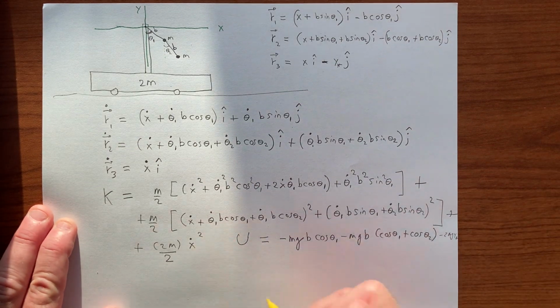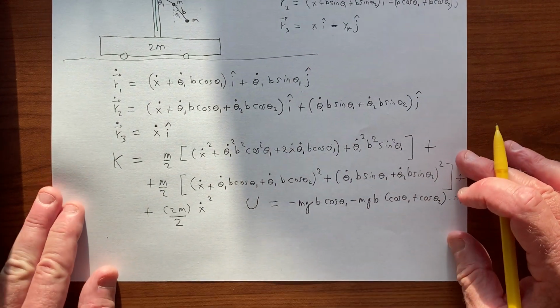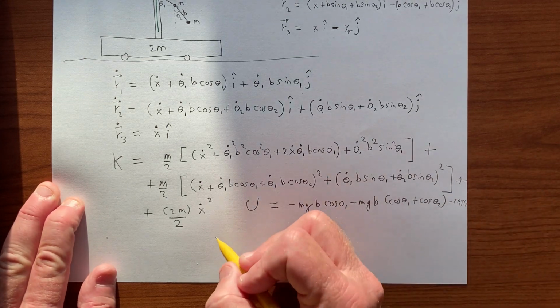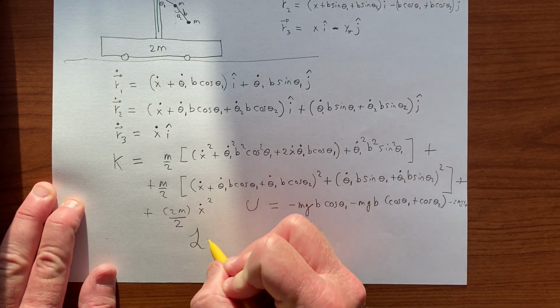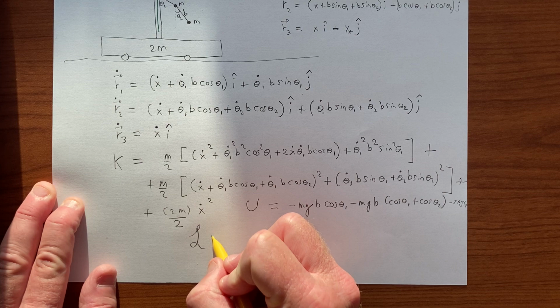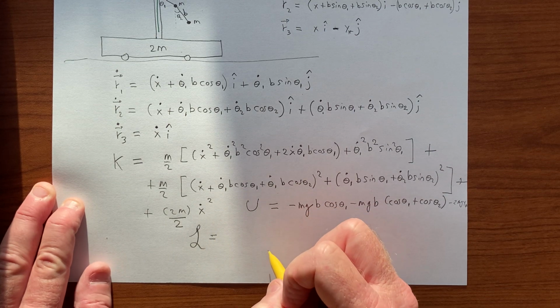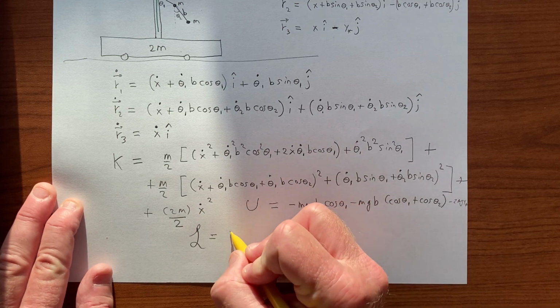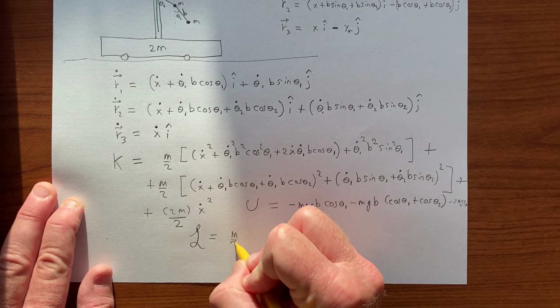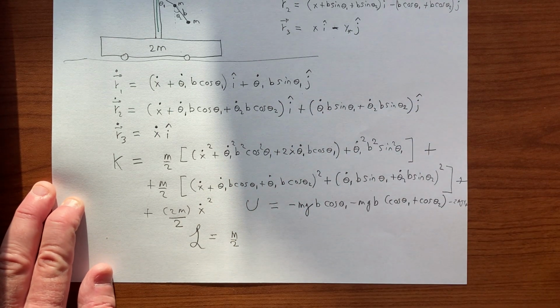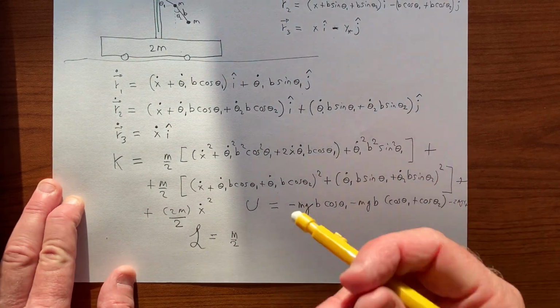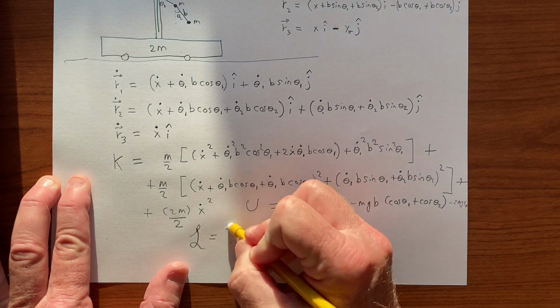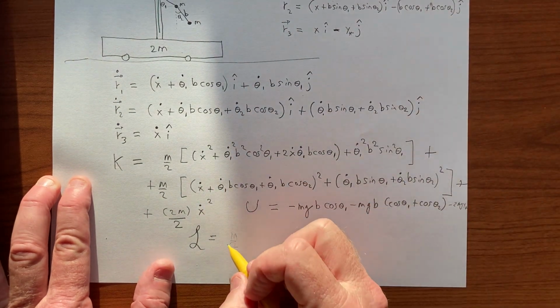So let's write the Lagrangian. Then we can find the equations of motion. The Lagrangian is, it's kind of silly to write everything over again.